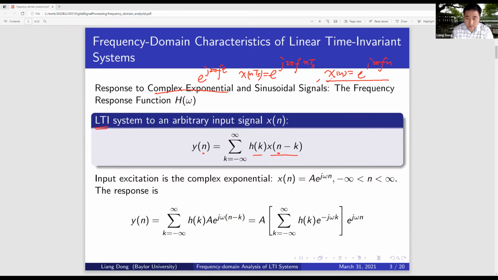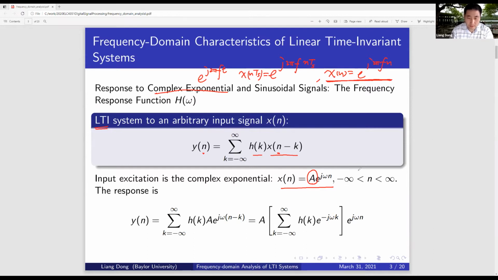Now, if my input excitation is a complex exponential, a pure sine wave in my complex format, here is my signal: e to the power j omega n, with some amplitude, which we call a. Now a can be a real number, and a also can be a complex number.